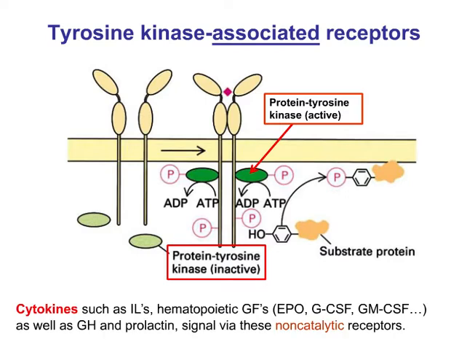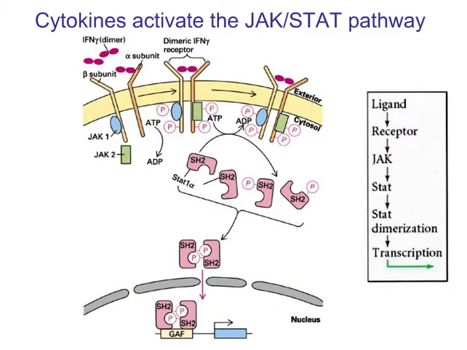All the cytokines, such as the interleukins and the hematopoietic growth factors, erythropoietin, EPO, granulocyte colony stimulating factor, granulocyte monocyte colony stimulating factor, as well as growth hormone and prolactin, all signal via these non-catalytic receptors that recruit and activate a cytosolic tyrosine kinase.